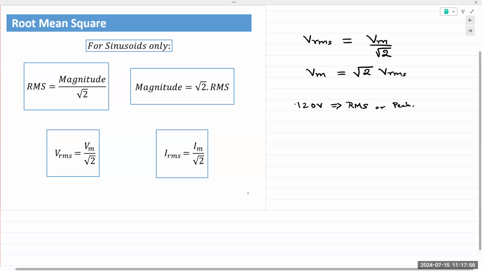Wild guess, and explain the logic later. How many of you say RMS? How many of you say peak? Okay, peak is a good guess, but here's the logic though.